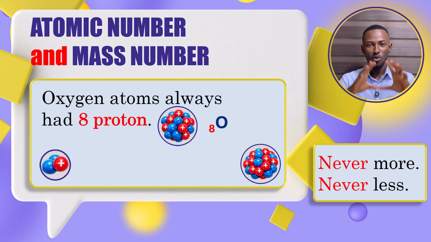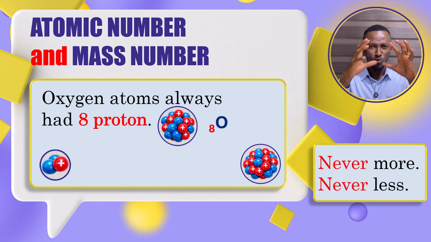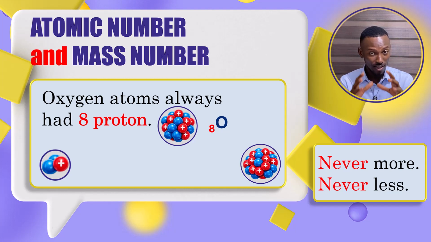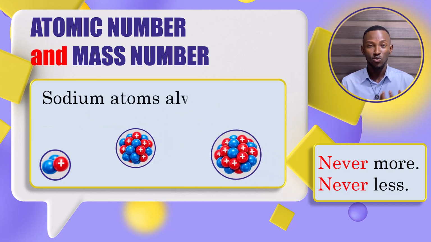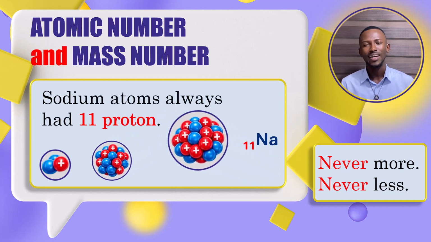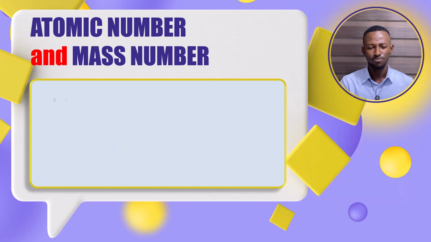So if you pick oxygen, it's made up of a lot of atoms of oxygen coming together to form oxygen. These atoms, each of them have only 8 protons. And when you pick sodium, they always had 11 protons. No less than 11, not more than 11. This was what they noticed.